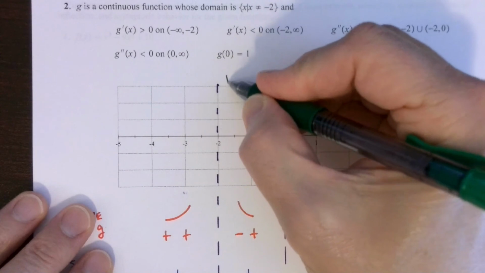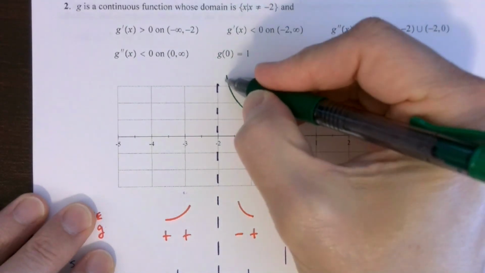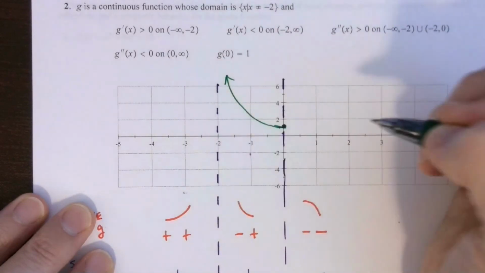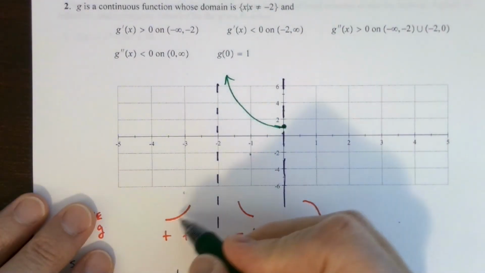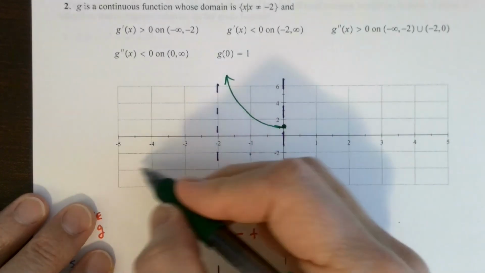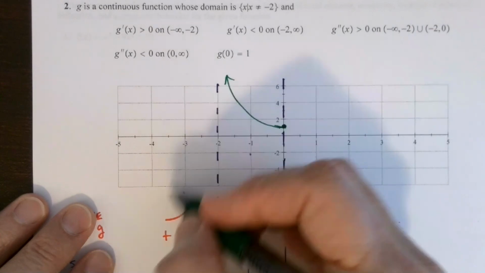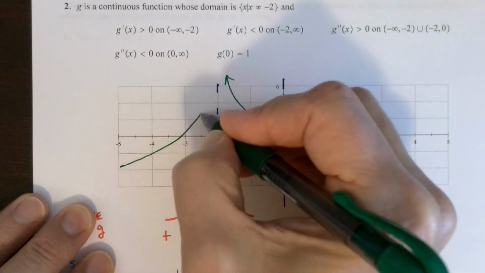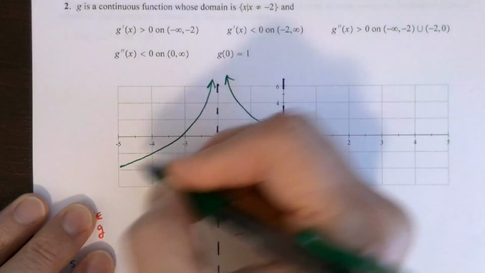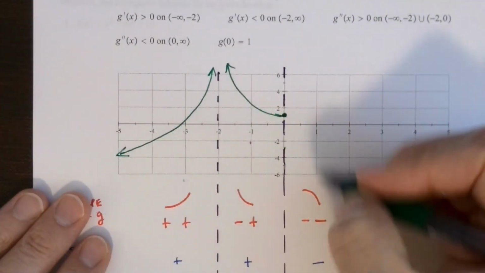So we're coming down to that point there, and approaching infinity that way. Then what's happened over here? Well, obviously we have to be also approaching infinity from the left side. So I'm increasing concave up as well. And then decreasing concave down.